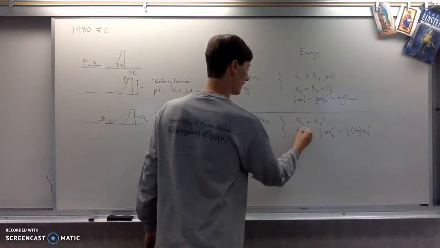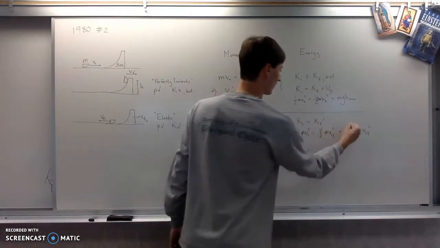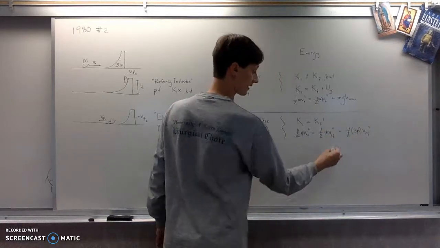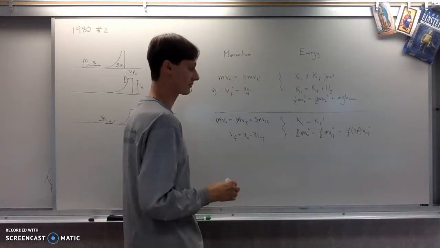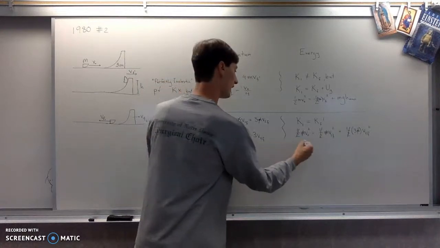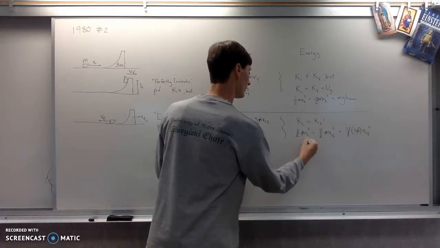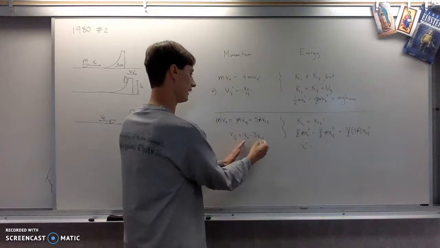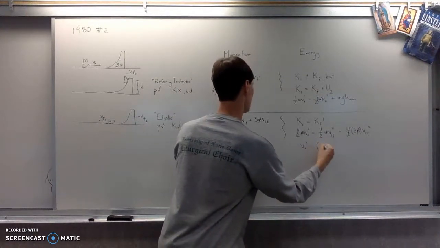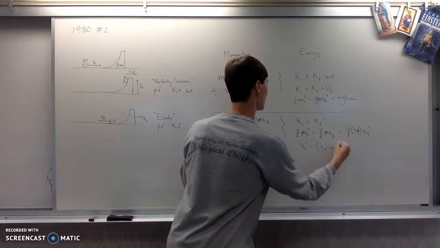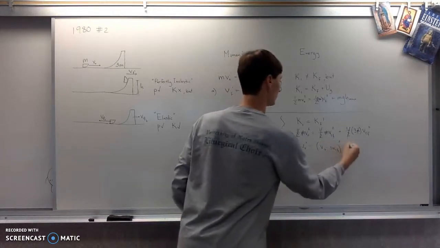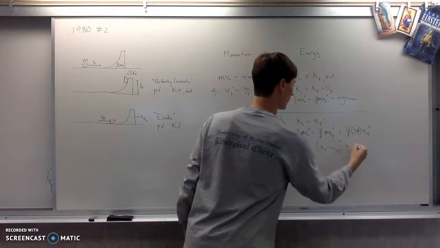All right, so the 1/2s and the m's are all going to cancel out, except for the factor of 3 there, since the ramp is 3 times as massive. All right, so we'll have V naught squared equals, all right, V naught minus 3V2 final squared plus 3V2 final squared.